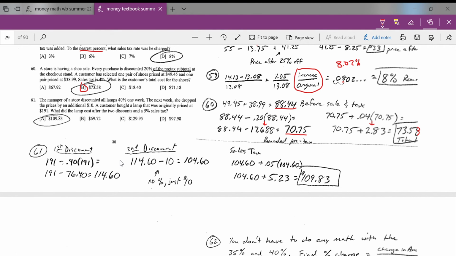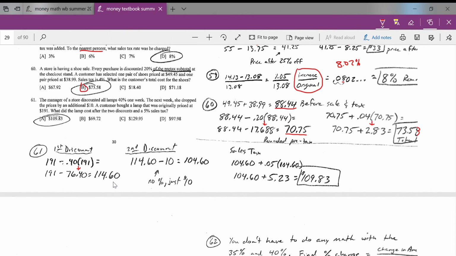What did the lamp cost after 2 discounts and a 5% sales tax? So first thing, we start with $191, 40% discount. So move that twice, 0.40 times 191 gives us a discount of $76.40. So original price minus the discount. After that first discount, it is now priced $114.60.